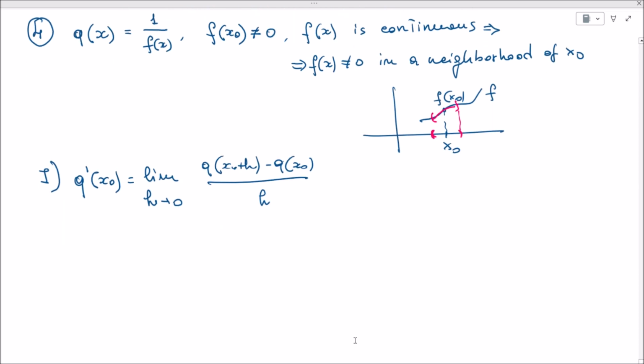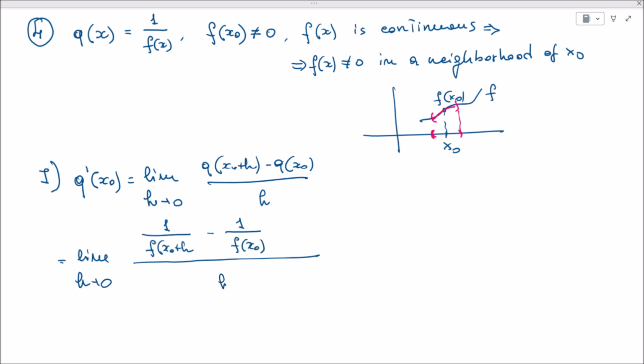And this is equal to the limit as h goes to 0 of, well, just using the definition of q of x, we have 1 over f of x naught plus h minus 1 over f of x naught, all divided by h.